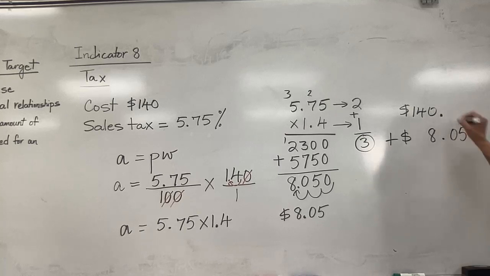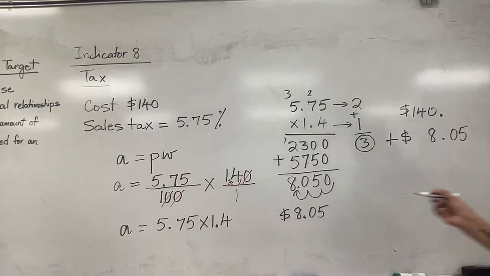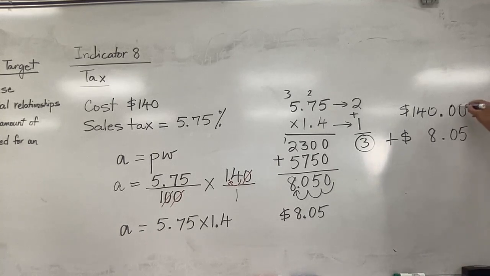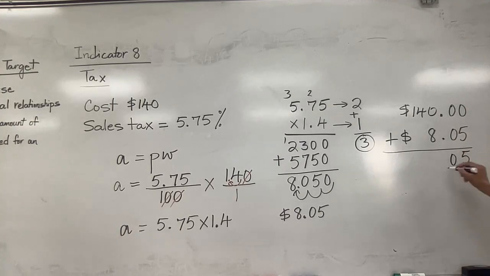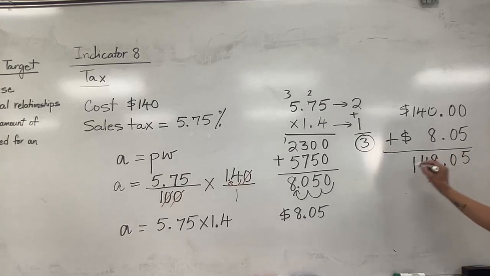Over here, I am going to put decimal above decimal because I'm adding, so I have to align the decimals, and I am going to annex my zeros. Okay, so 5 plus 0 is 5, 0, decimal under decimal. I have 8, I have 4, I have 1.